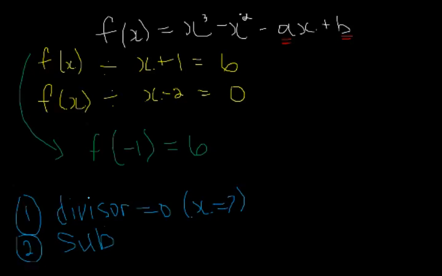In this case, my value of x is minus 1. So for my second step, wherever I see x in this polynomial expression, instead of putting x, I'm going to replace it with minus 1. That's what I mean by substituting the x value into the polynomial expression. But they also told us that when I substitute minus 1 into this, my answer is supposed to be 6.